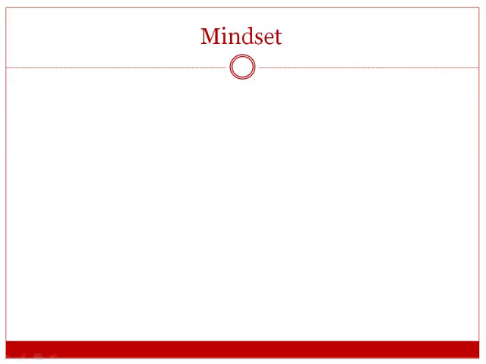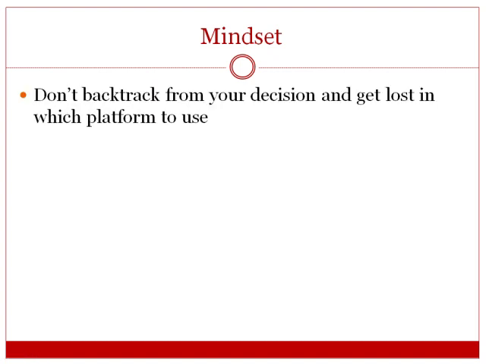Now, before we start this video training course, I want you to get into the right mindset. And that mindset is to stick with your decision to put your product on JVZoo and get this done. A lot of times it's very easy to backtrack on your decision while you go through any type of video course.